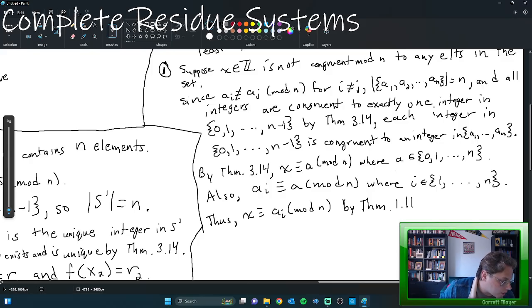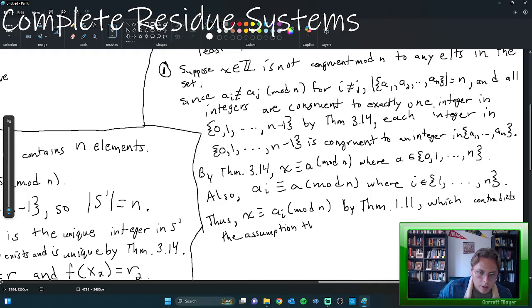Which is a contradiction, which contradicts the assumption that x is not congruent to any elements in the set.